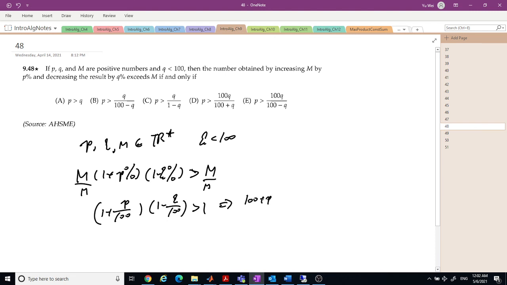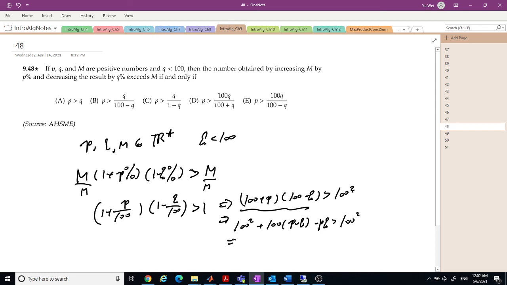So we can get 100 plus p times 100 minus q should be greater than 100 squared. Then we expand this side: 100 squared plus 100 p minus 100 q, minus pq, should be greater than 100 squared.